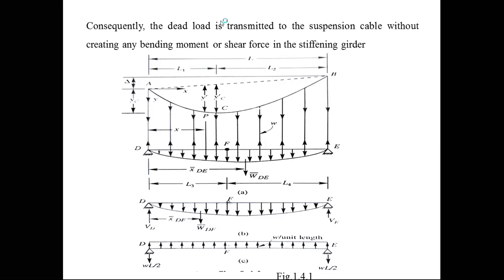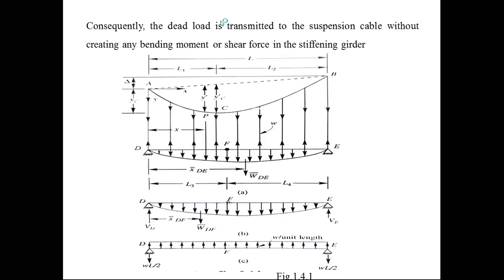So in order to maintain the parabolic shape of the suspension cable, it is necessary that only uniform distributed load is transmitted to it. This objective is achieved by means of a stiffening girder, which receives the loads and then transmits them in the form of uniform loading through the medium of numerous closely spaced hangers or suspenders.